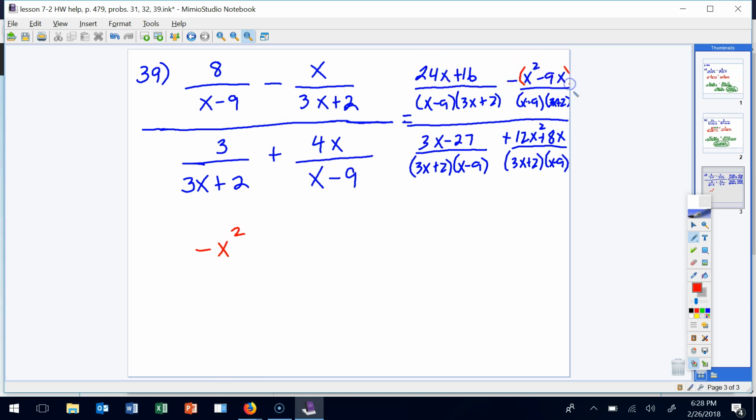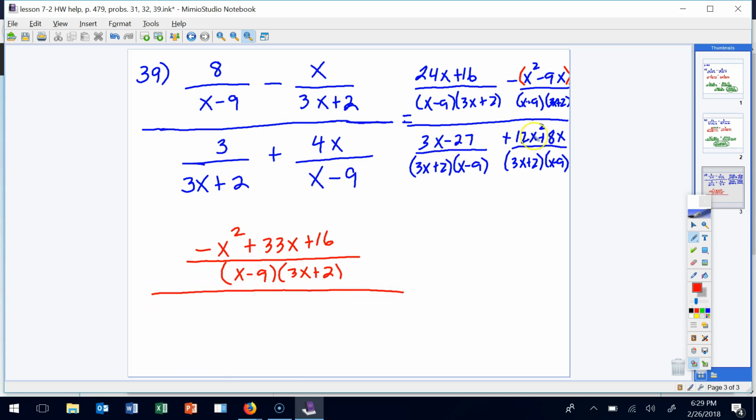Remember, be careful here, common mistake. 24 minus negative 9 is 33x, plus 33x, and then plus 16, over the LCD. And the bottom half of our complex fraction, we'll do the same thing, combine the numerators. We'll have 12x squared, and then 3x plus 8x is 11x, and then minus 27 over that same LCD.